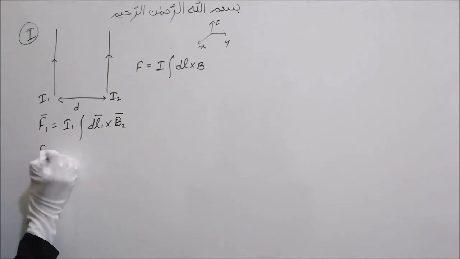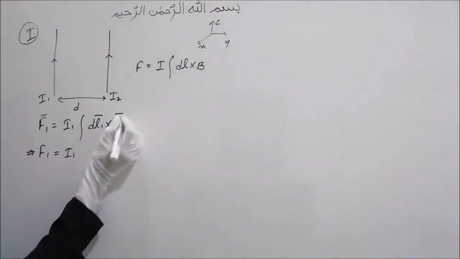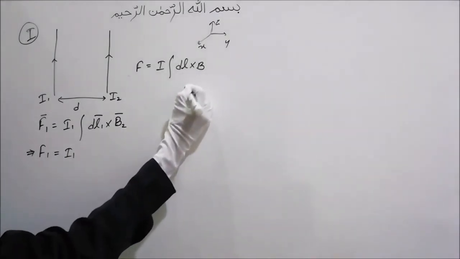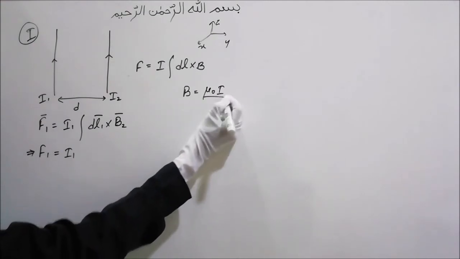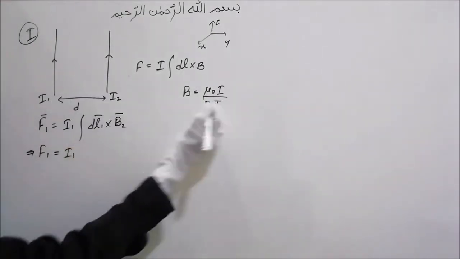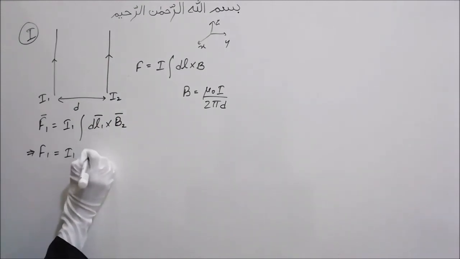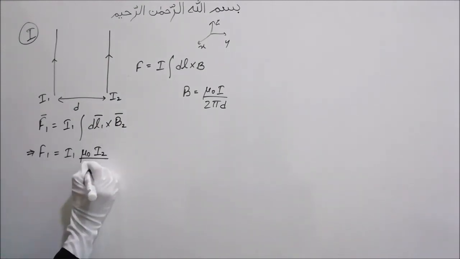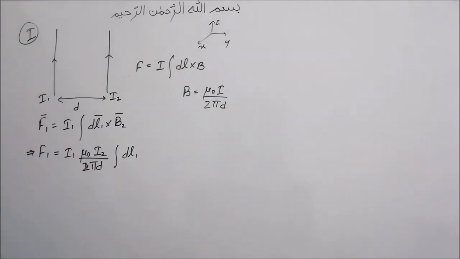If I consider only the magnitude, that will be equal to I1. We know the magnetic field B2 due to an infinite wire is given by mu naught I2 by 2 pi, where the perpendicular distance here is d. So B2 gives me mu naught I2 divided by 2 pi d, integration dl1.